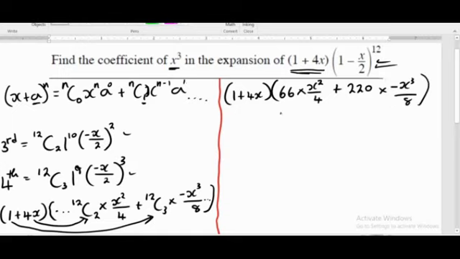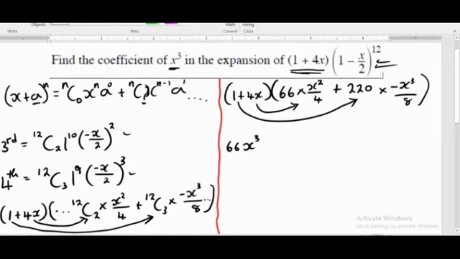Remember that we multiply this with this and this with this. Starting with 4x, the 4 will cancel this 4, so that will leave us with 66x power 3. Then 1 multiplied by this, we have 220 divided by 8, that will give us 55 over 2.